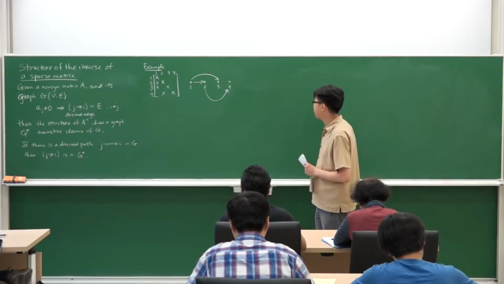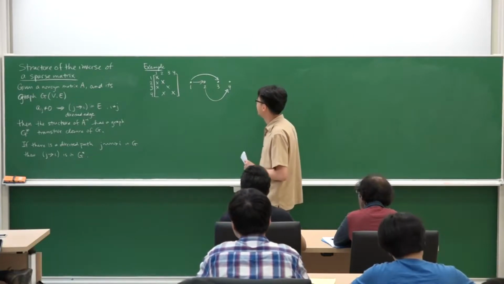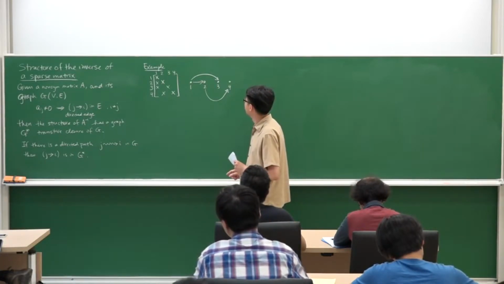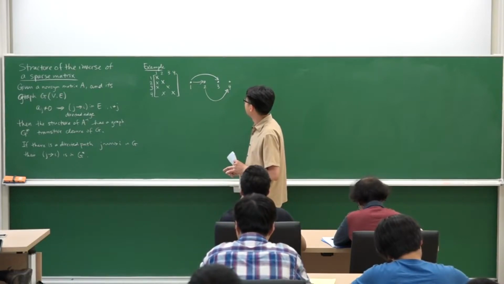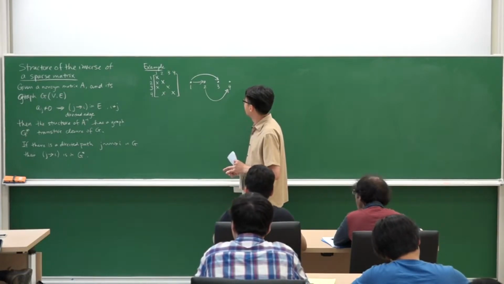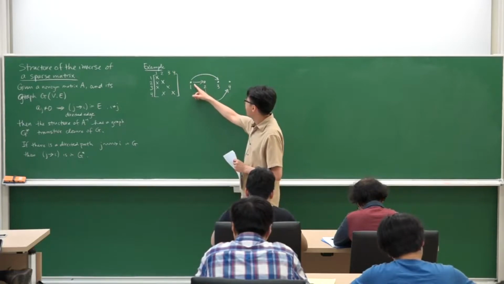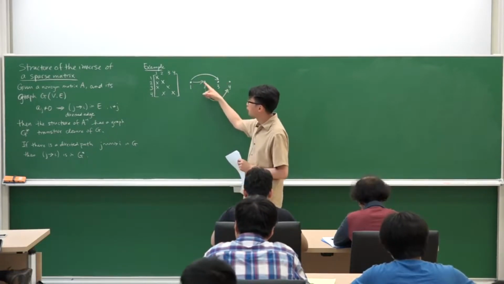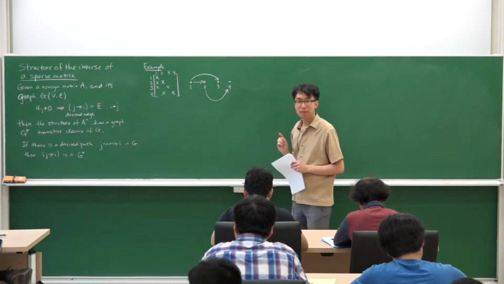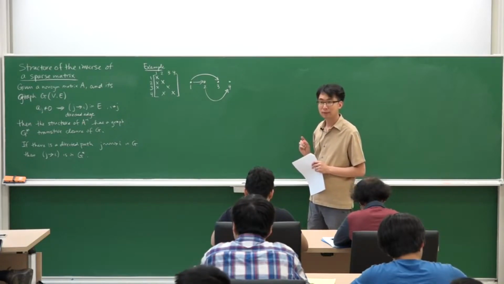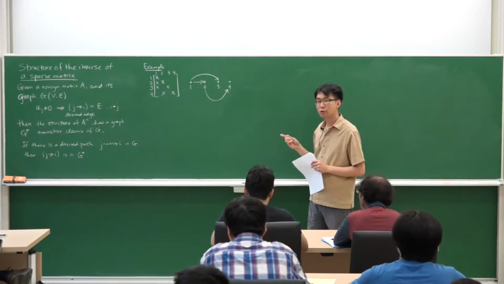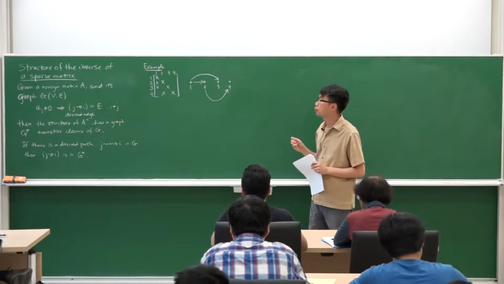Okay, we have a path from 1 to 4 in this graph, right? That means in the transitive closure, there will be an edge from 1 to 4.